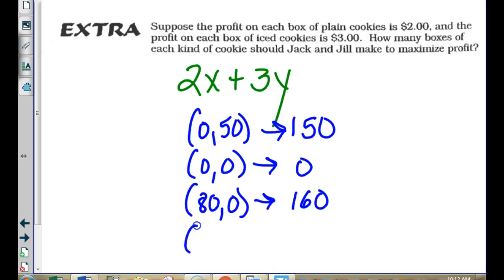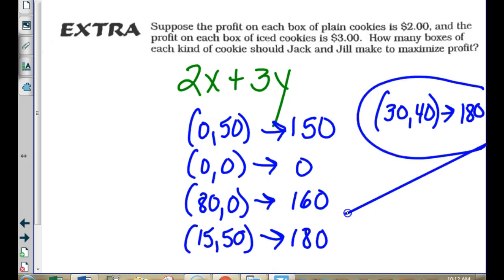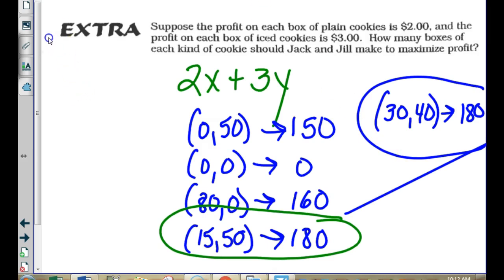What was the last one? (15, 50) would give me 150 plus 30, which is $180. And then there was one more, (30, 40). If I put that in here, I'd have 60 plus 120, which is $180. So either this or this one would give them the best profit. Okay? The maximum profit occurs at one of the corner points. More on this tomorrow.